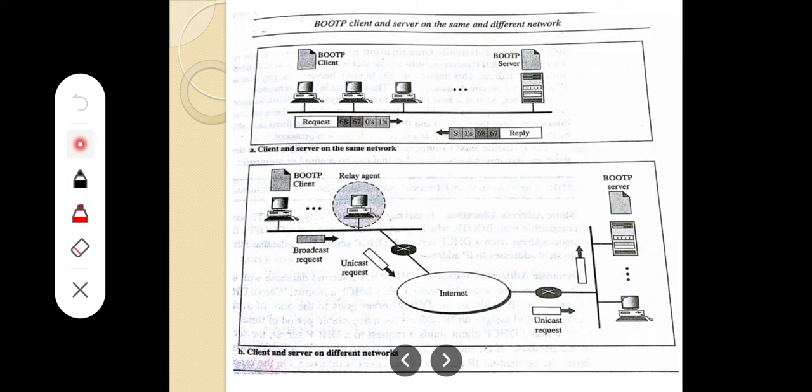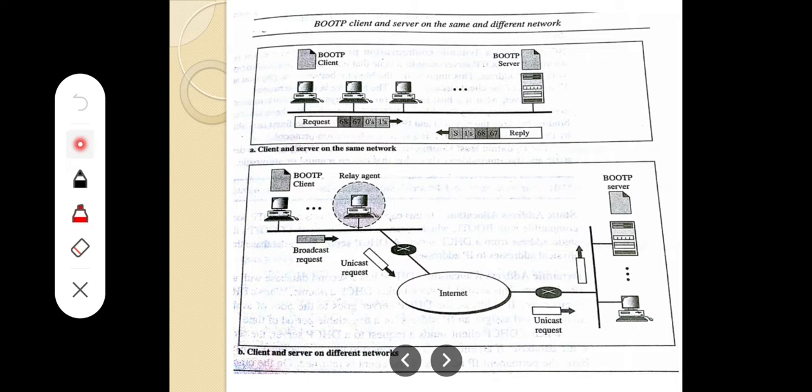That is, if the Bootp client and Bootp server are in the same network, what happens? That is the first case. Okay, the second case is the Bootp client is in one network and the Bootp server is in another network. Okay, so in these two cases, how are they doing it? That is what we are going to learn.